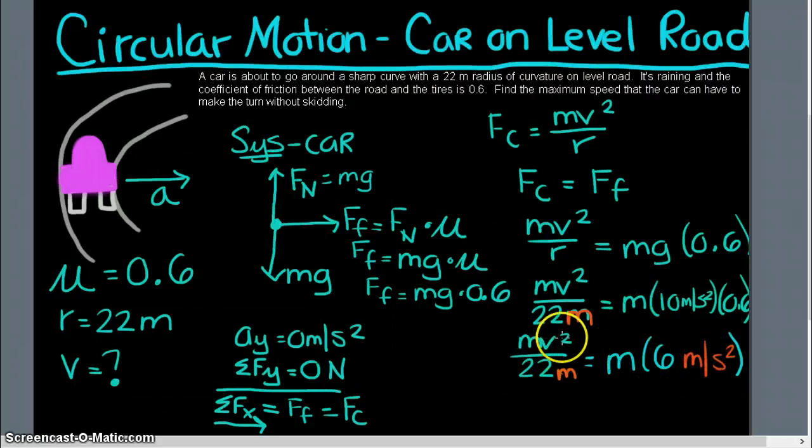My ultimate goal here is to get v squared by itself. So at this point, I'm going to cross multiply what I have. So I have mv squared is equal to 22 meters times 6 meters per second squared. So your 22 times 6 is going to give you 132. So this will be 132 meters squared per second squared times mass. And again, I just want to highlight those units.